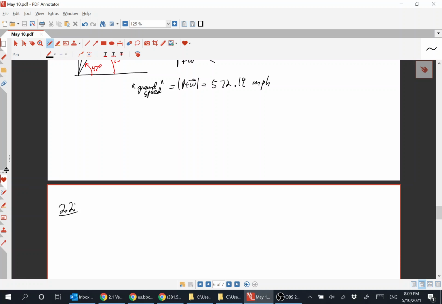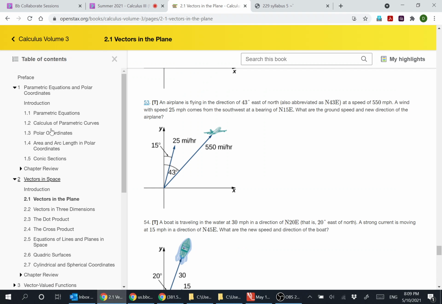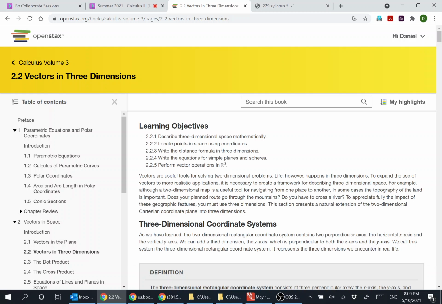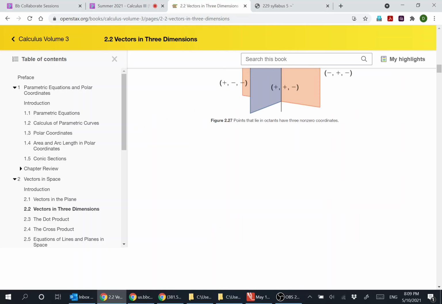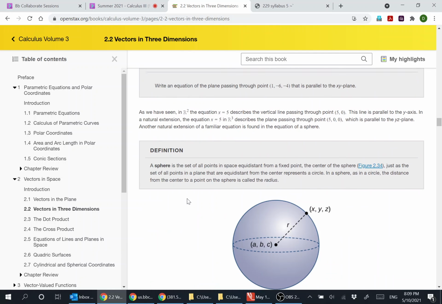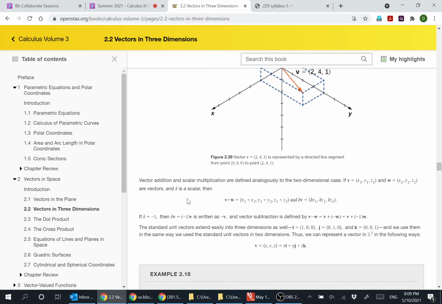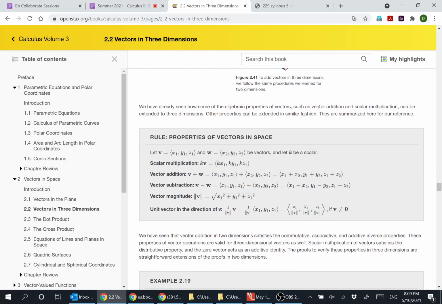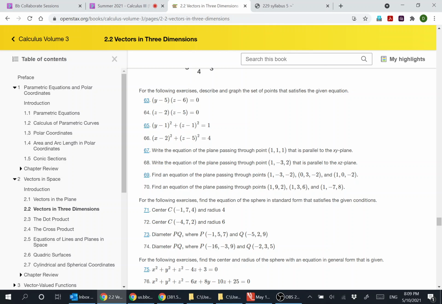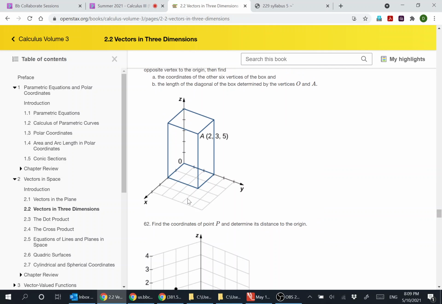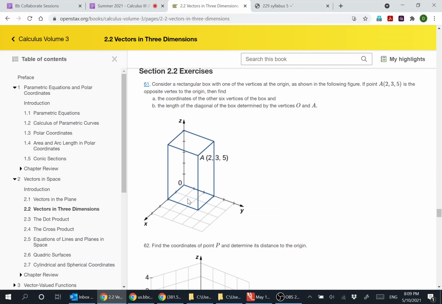All right. Section 2.2, number 61. So consider this box here.